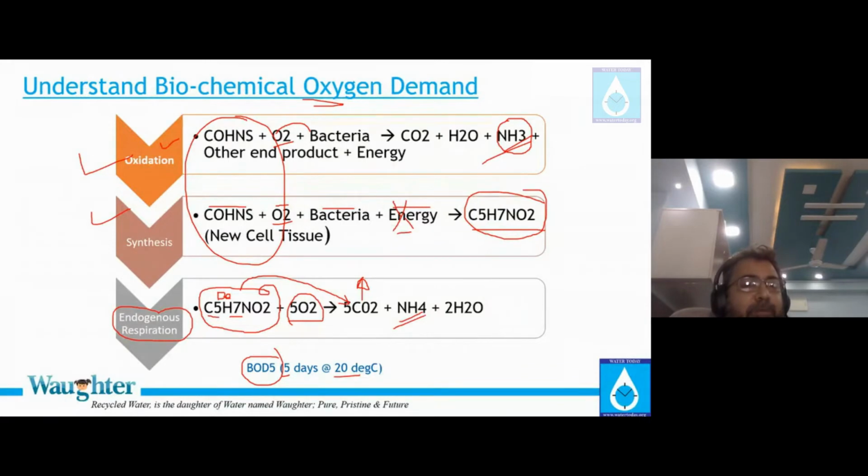You can continue this experiment for 15 days, and then whatever oxygen demand you get, you can write BOD, but just try to add one more word before BOD. You say NBOD. So when you talk about this formula, 5 days, actually you should write CBOD, carbonaceous BOD.